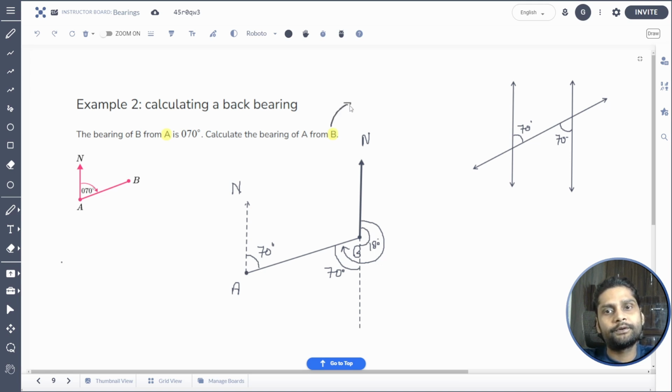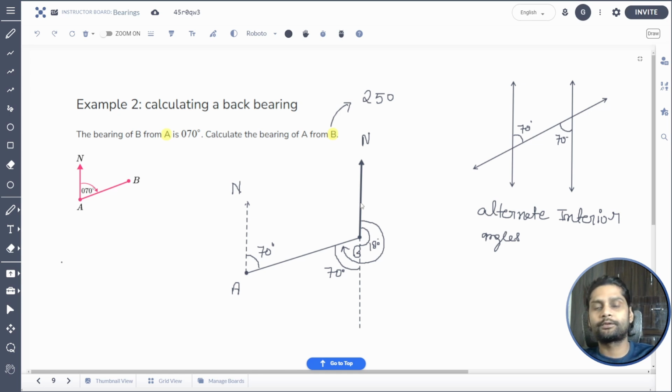The bearing of point A from B is going to be 180 plus 70, that's 250 degrees. And why is this 70? Because it makes a pair of alternate interior angles between two parallel lines. Why parallel? Because both of the lines are facing upwards towards the north direction.